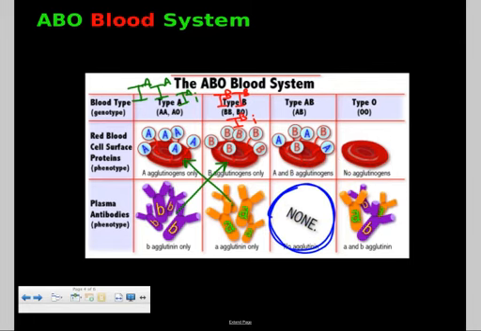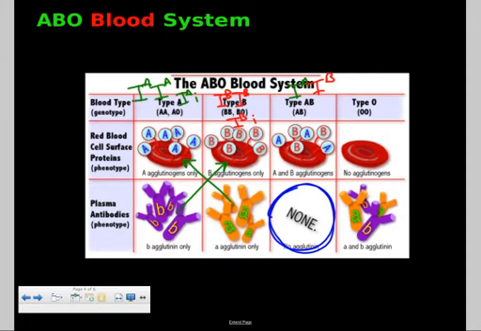Now, if we are type AB, it means that we inherited the A allele from one parent, the B allele from another parent. And we produce both A and B surface proteins on our red blood cells, almost like we're having both chocolate and rainbow sprinkles on our donuts.